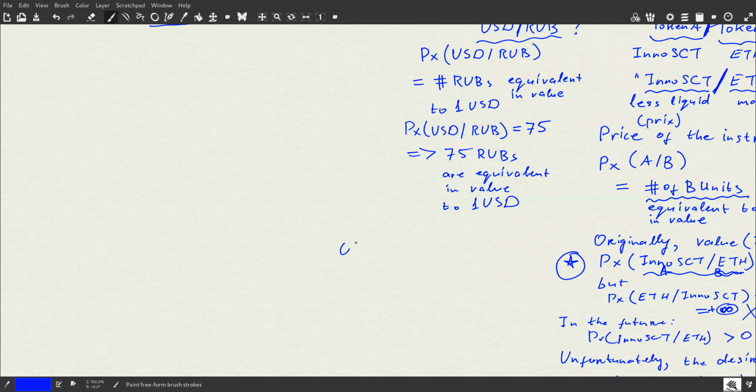What else? Okay, we have an instrument which is INCT over Ethereum. So what do you think are the properties we need to make a decision about which characterize our instrument, apart from just its composition? We already know it's a pair of assets. We designated what is A and what is B. What else?